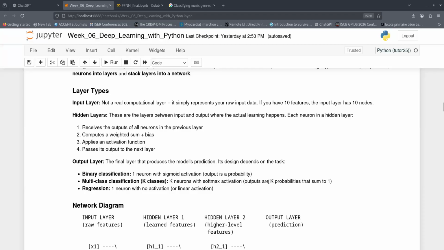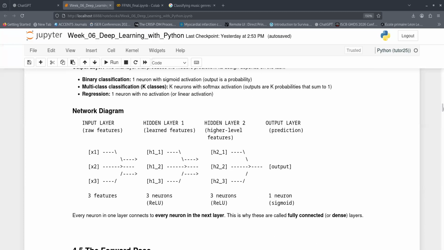The output is K probabilities that sum to 1. And you also have regression: one neuron with no activation, or linear activation. This will also be a task for the output layer.